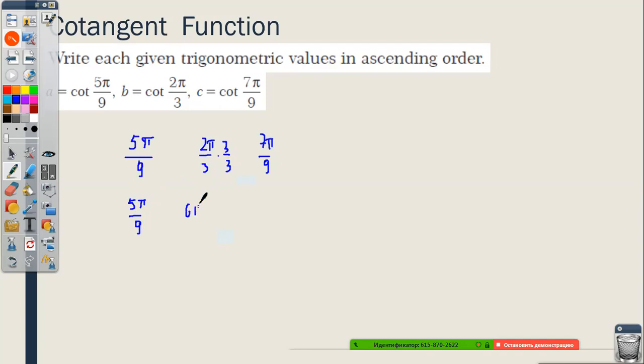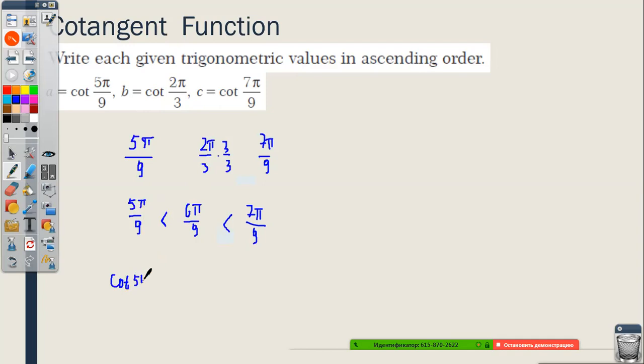Then I will get 6 pi over 9. And this is 7 pi over 9. So if I compare the angles, this is the greatest one, this is the smallest one. But for the cotangent function, when the angle is increasing, cotangent is decreasing. So that's why the cotangent of the smaller angle will be the greater.